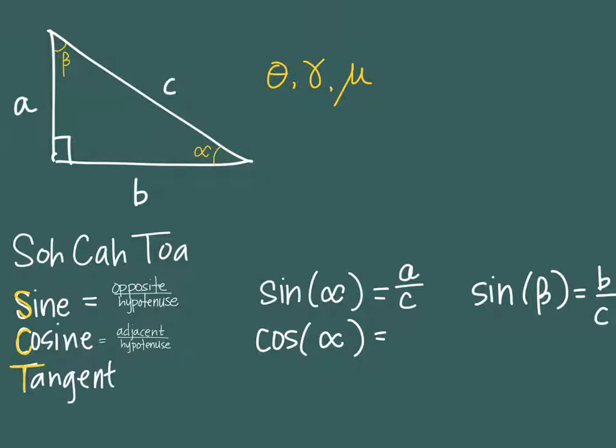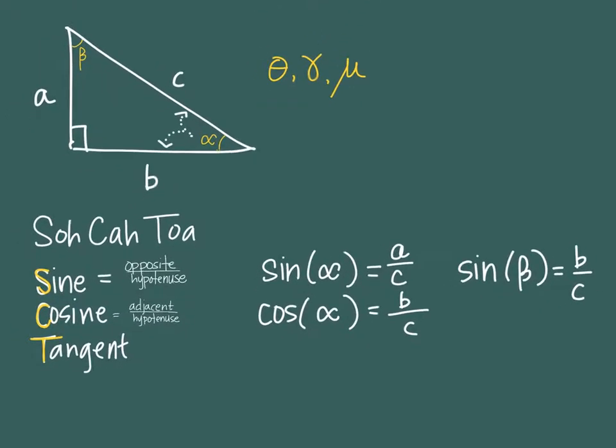And if I look at what's next to it, B and C are both next to alpha. Which one do I choose? Well, you never choose the hypotenuse as the adjacent side, because the hypotenuse is special. The hypotenuse is going to be on the bottom. It's going to be C there. And so you choose what's next to it, which would be B, so that would be B over C. Where else have we seen B over C?